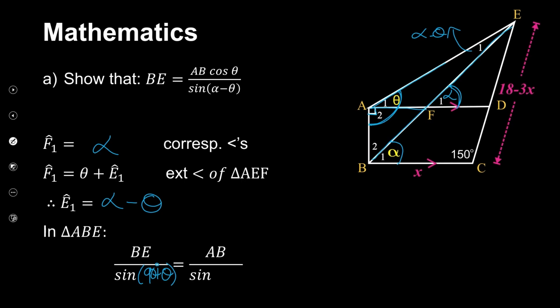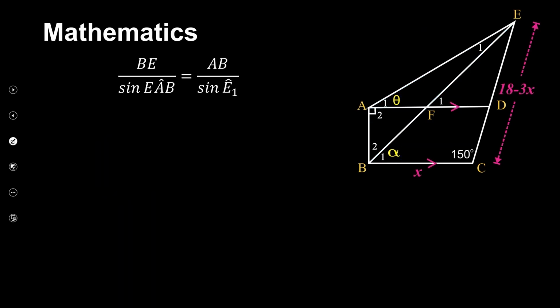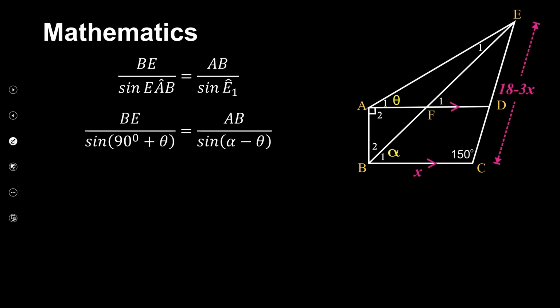The angle across from AB is this angle here, so it's going to be alpha minus theta. Because remember we're trying to find BE. So BE over sine of 90 plus theta equals AB over sine of alpha minus theta.